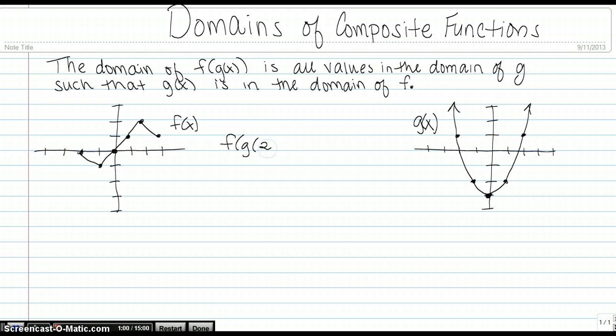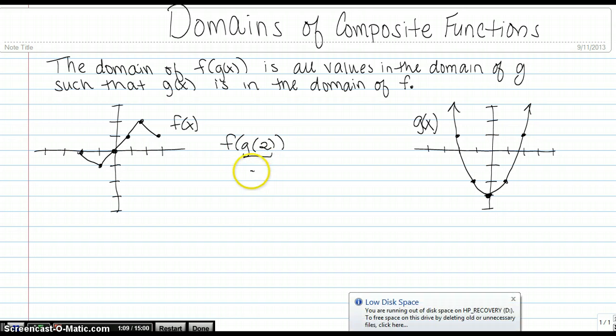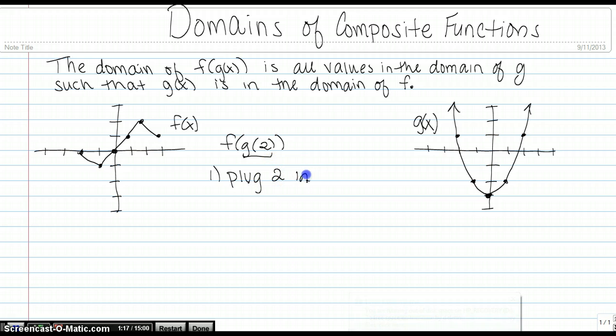Let's do that. Alright, so first you would do the g of 2 portion. So what that essentially is saying, number 1, is you're plugging in the number 2 into function g.